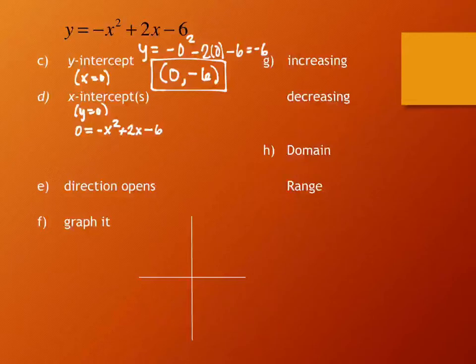So usually what I would recommend is try to factor it and see if it factors. On this one, it's not especially friendly that the x squared is negative. So you could either factor out a negative or you could just divide everything by a negative. If you divide everything by a negative, you would end up getting 0 equals x squared minus 2x plus 6.